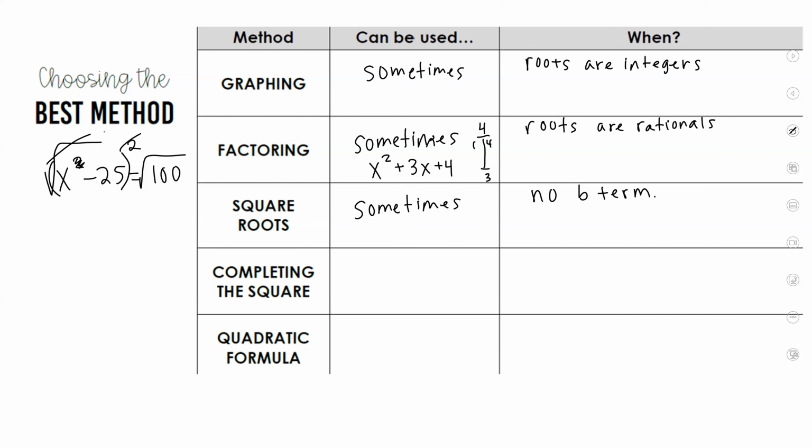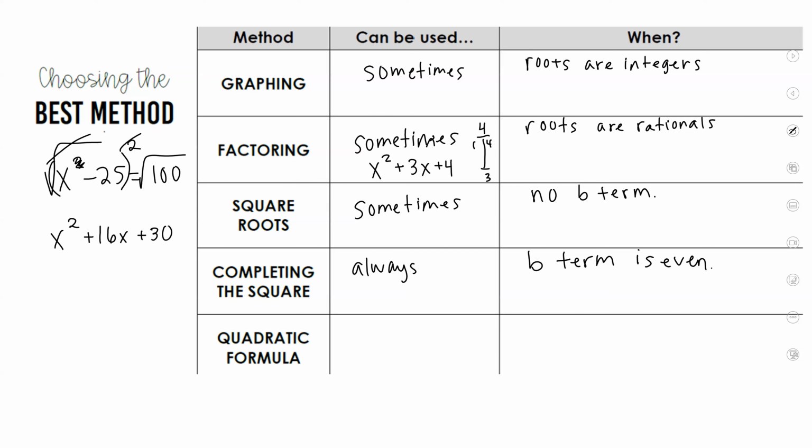Okay, completing the square. This will always work. However, it works best when your b term is even. And let me show you why. When we were completing the square, we would have something like x squared plus 16x plus 30.